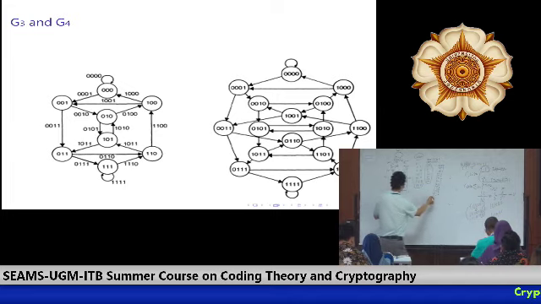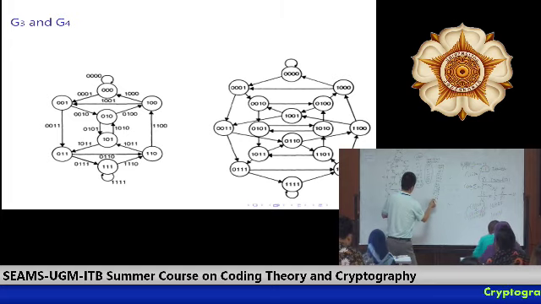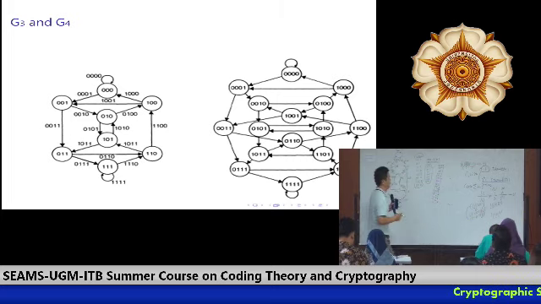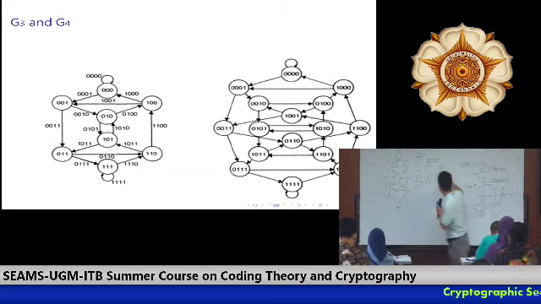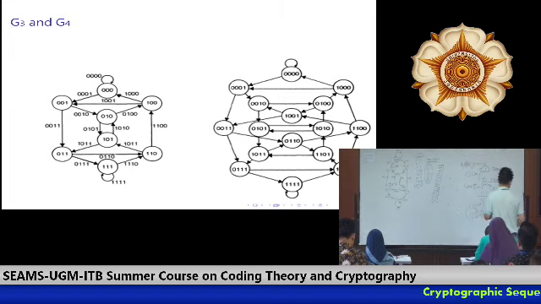Take this one. 1, 0, 0. Then take this, go out. 0, 1, 0, 0. Then 1, 0, 0, 0. I think it's 4, 8. It's okay. It's right.